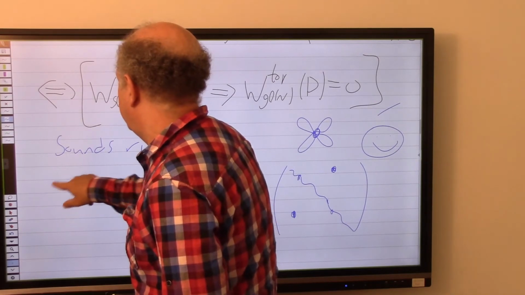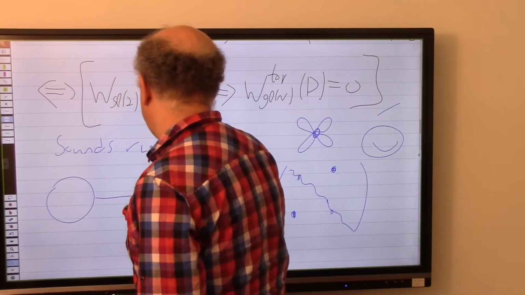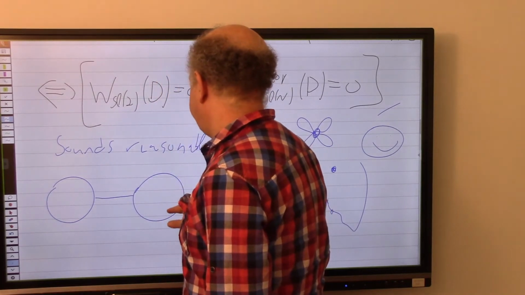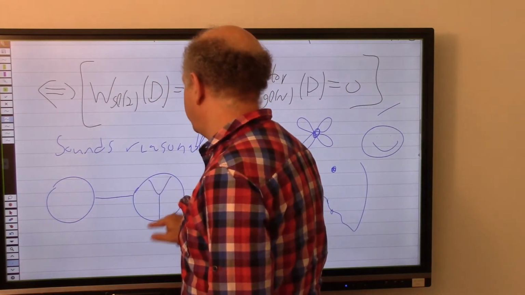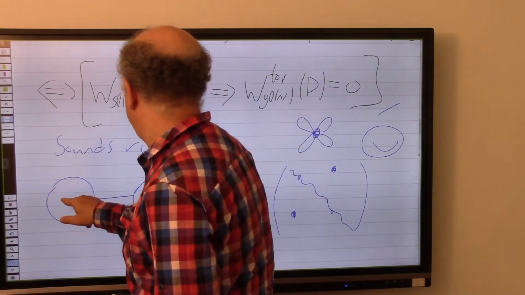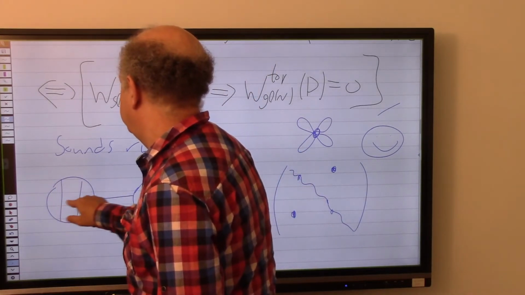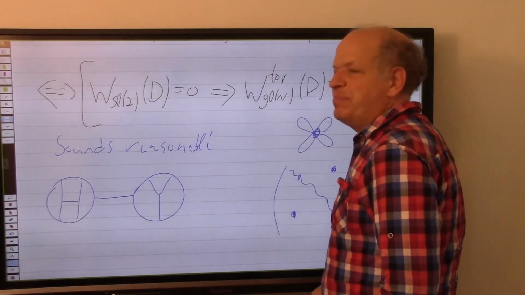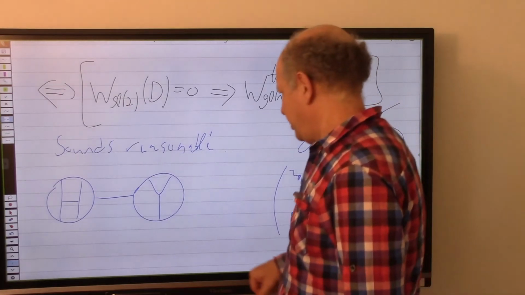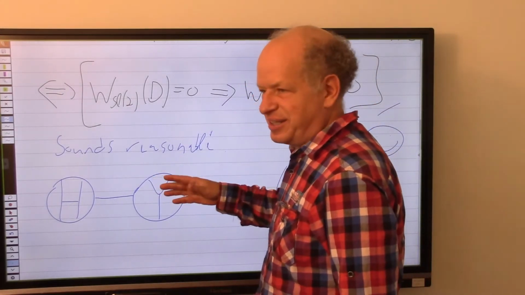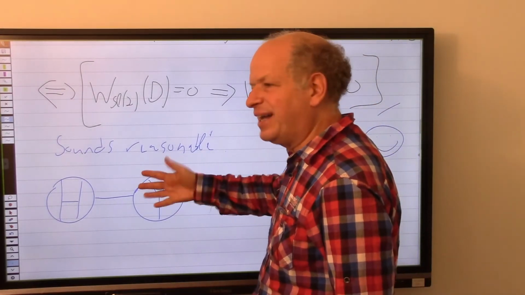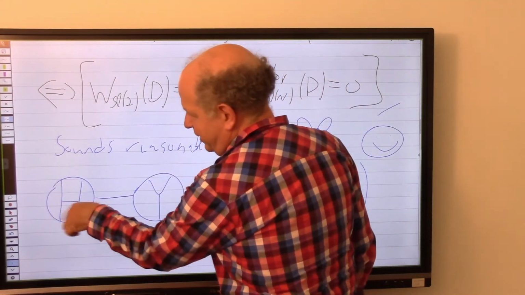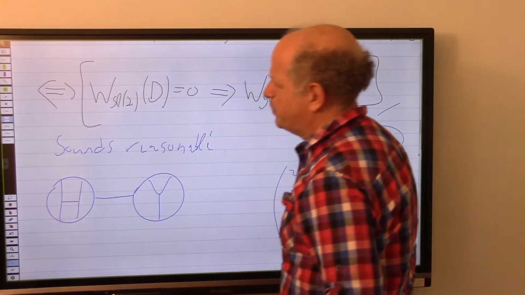consider, I don't know, this graph. Okay, so this graph can be embedded in the plane in 4 different ways, because you can flip this side or you can flip that side.